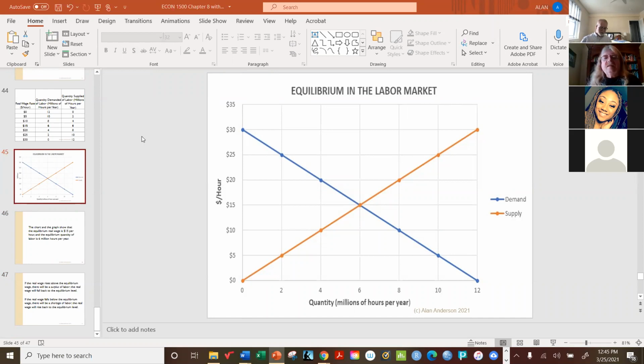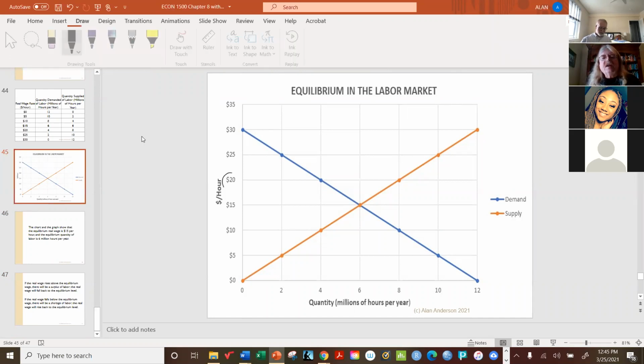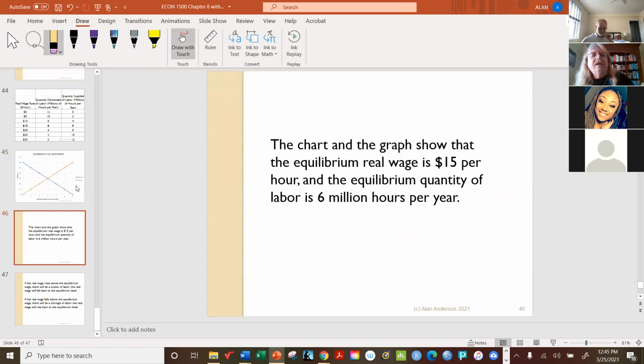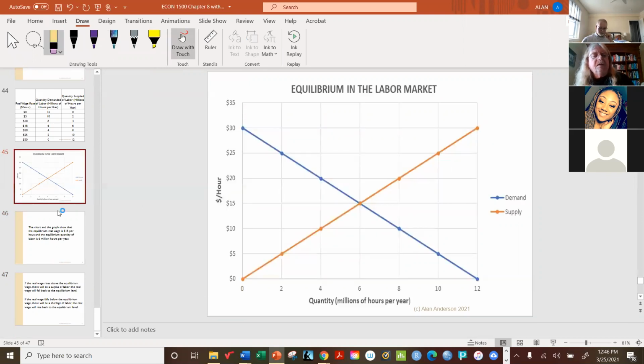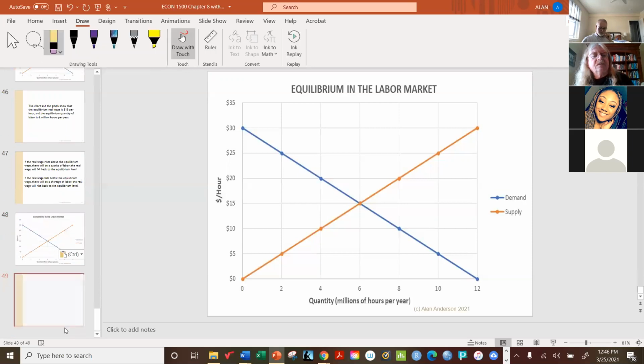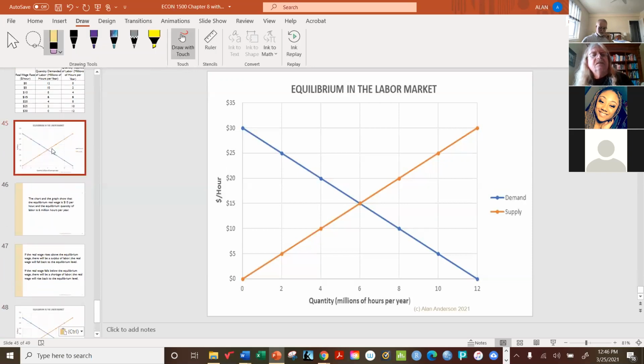So if the price drifts up for some reason, let's say to $20 an hour, what's happening in this market? What do you think is going to happen if the real wage rate, for some reason, instead of being $15 an hour, creeps up to $20 an hour? What do you think will be the result?